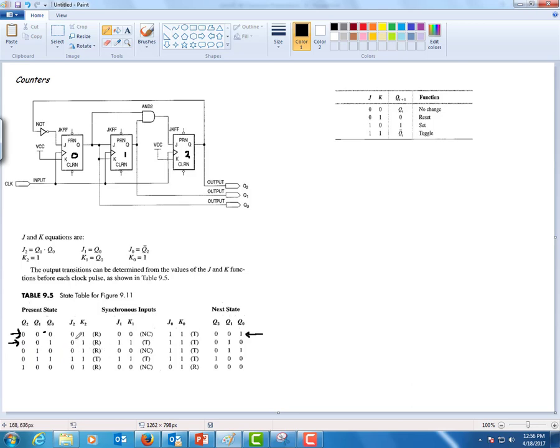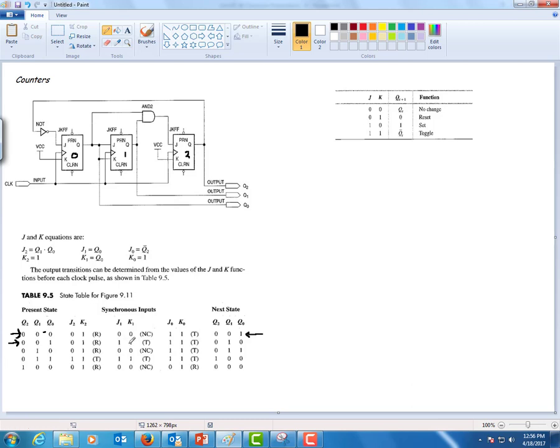You need to find out what J2 is, for example. J2 is Q1.Q0. Well, Q1.Q0 is still going to be 0, because remember, they both have to be 1. They're ANDed. When I say Q1.Q0, I meant Q1 ANDed with Q0, by the way. So that's going to stay 0. And this value is going to stay 1 because it's tied to VCC. So we know that, and that's reset.